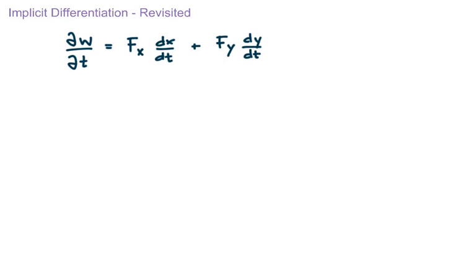So we are going to assume two things. We're going to assume we have this function f of x, y and it's differentiable.